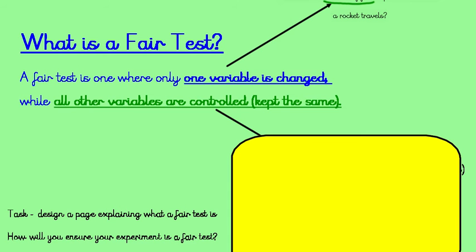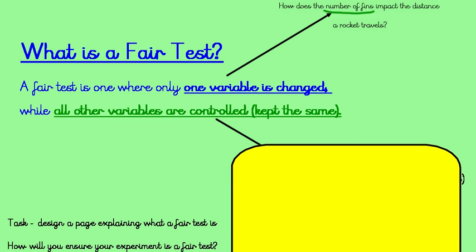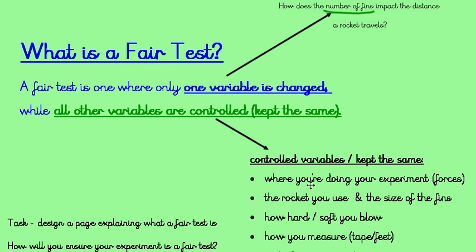So when we carry out our experiment, which things will we need to control or keep the same? Pause the video now and have a think to yourself. When we carry out our experiment, we will need to control these variables. Where you are doing your experiment.